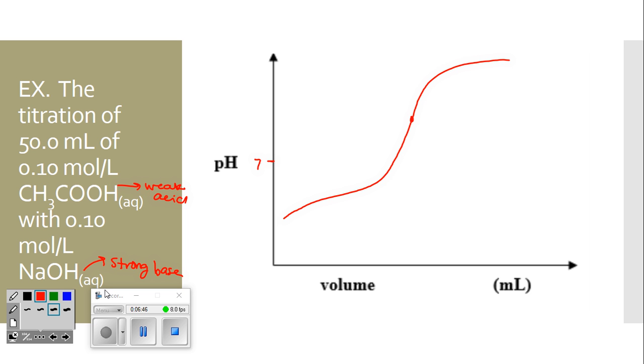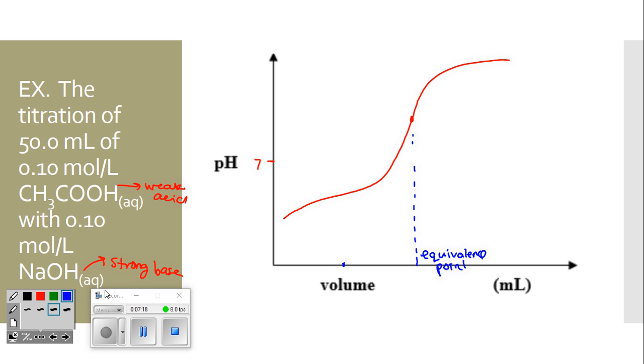On this graph, the equivalence point is right about here. So the description said that halfway to the first equivalence point, half that volume of titrant, that is where we have a buffering region. So if I look down here, we'll go right about here.